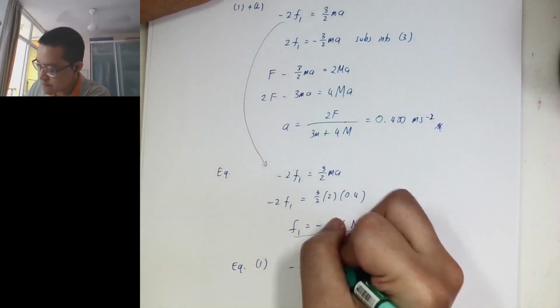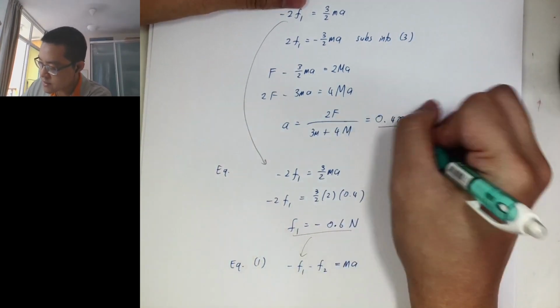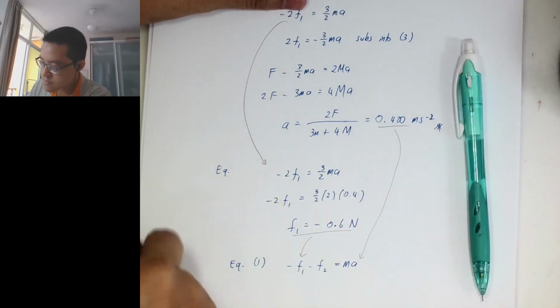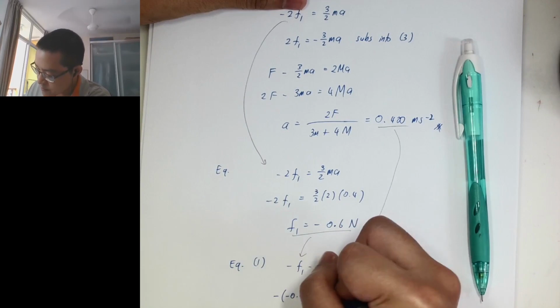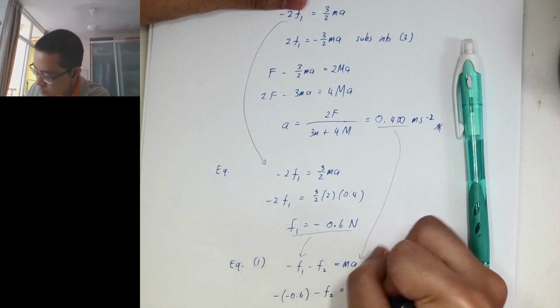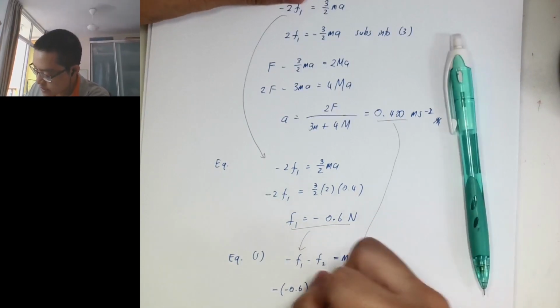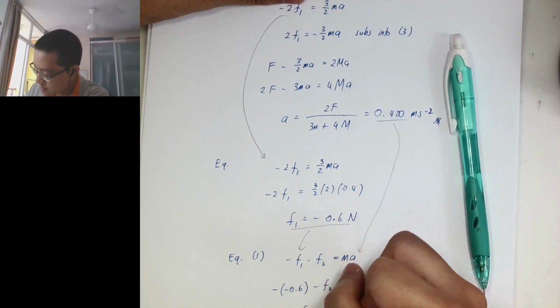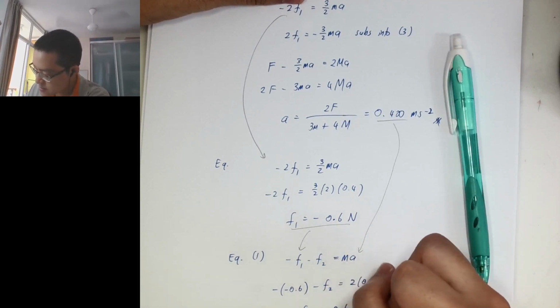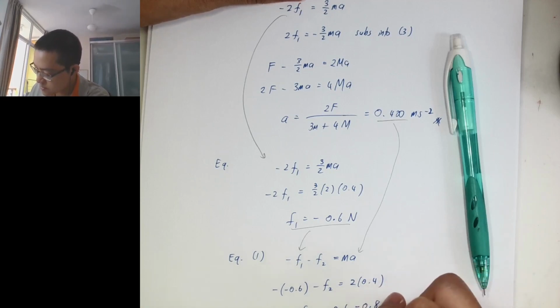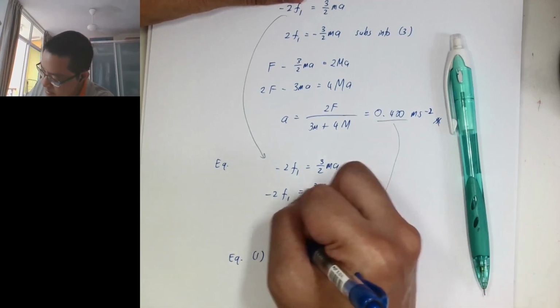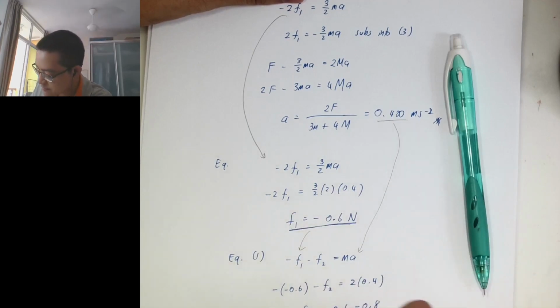So I take this F1, put it into here, take this A, put it into here. Negative 0.6 minus F2 is 2.4. So my F2 is 0.6 minus 0.8. So F2 is also negative 2 newtons.